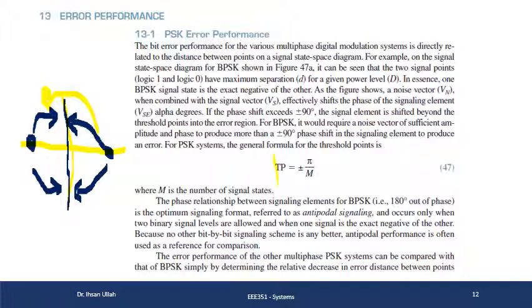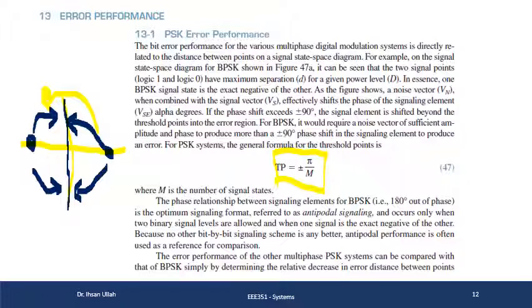The threshold point is equal to plus or minus pi by M, where M is the number of symbols. In case of BPSK, it is equal to 2. So pi by 2, plus or minus pi by 2, are the threshold points for BPSK.